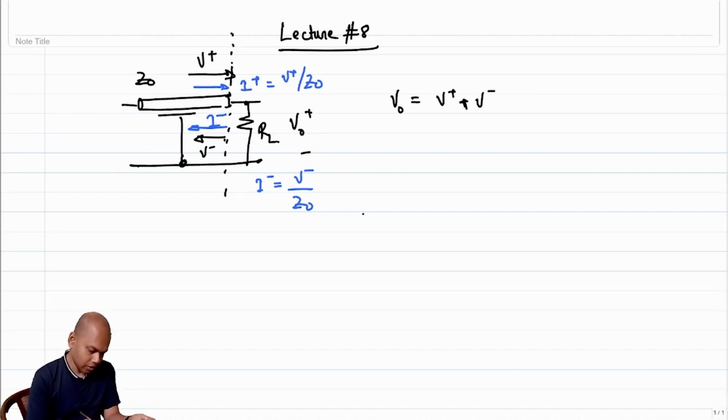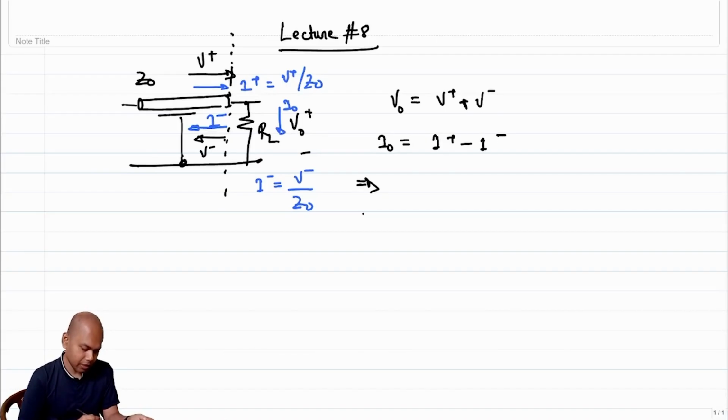Let's call it I naught. The net I is I plus minus I minus. What is I naught?